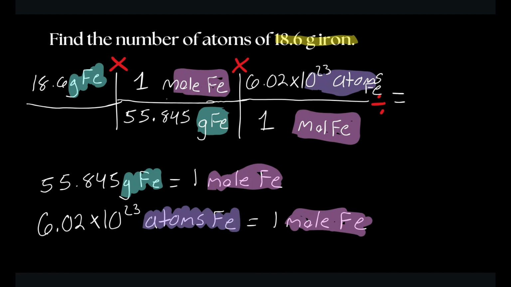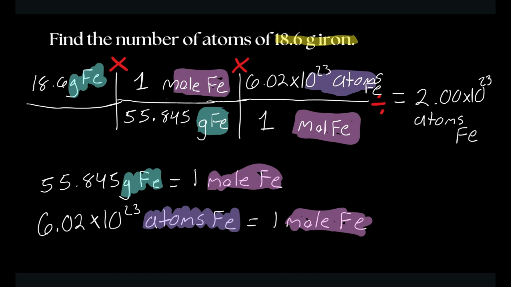And this will give us an answer of 2.00 times 10 to the 23rd. And that'll be our atoms of our Fe as the answer.